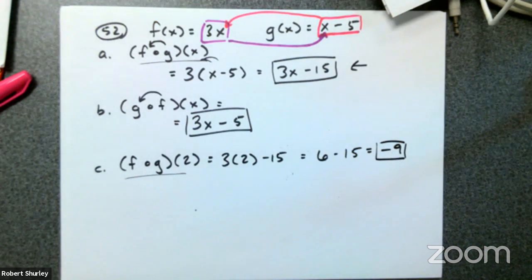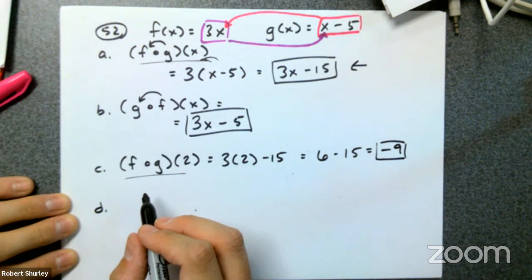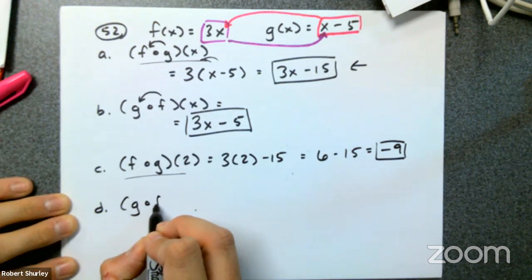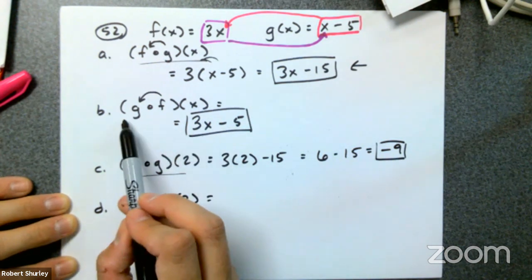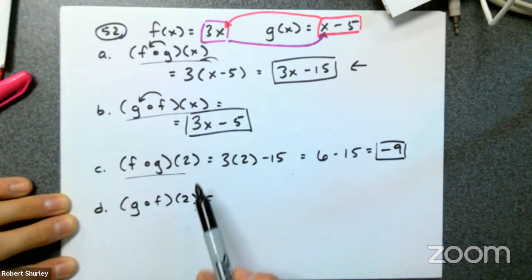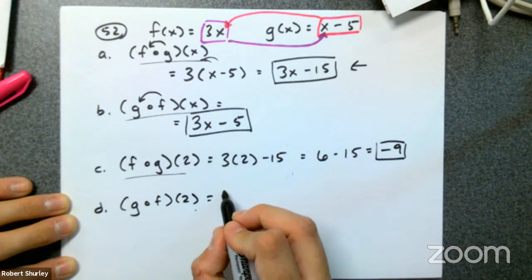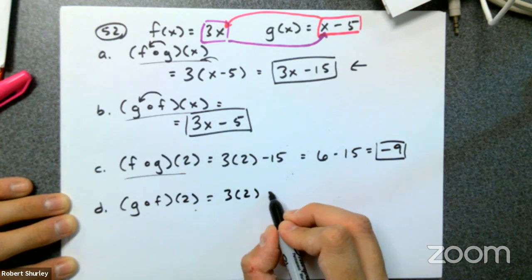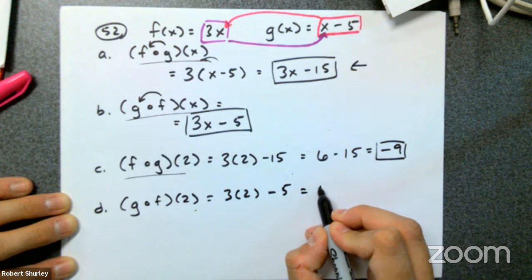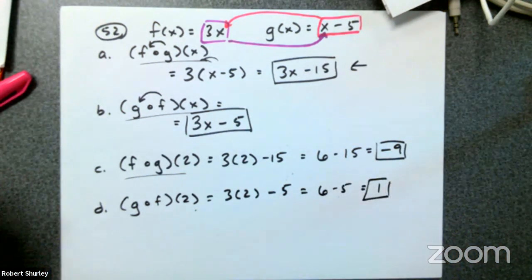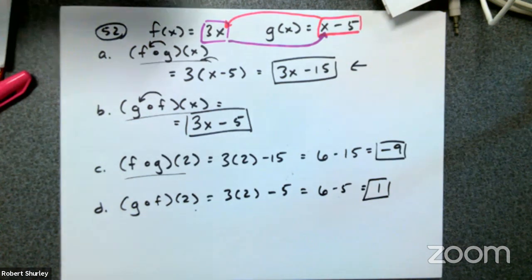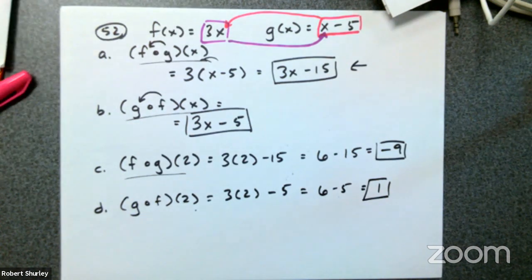And then part D, they flip it around on us. What's g composed of f of 2? So now it's backwards. And again, just like before, I've already found g composed of f. It's 3x minus 5. So this would be 3 times 2 minus 5. 6 minus 5. Ooh. Okay. Questions about that, guys?